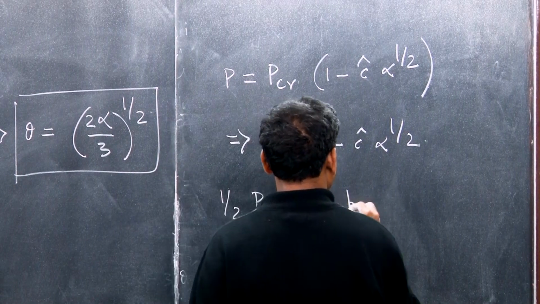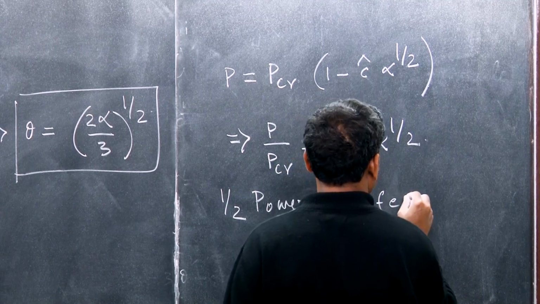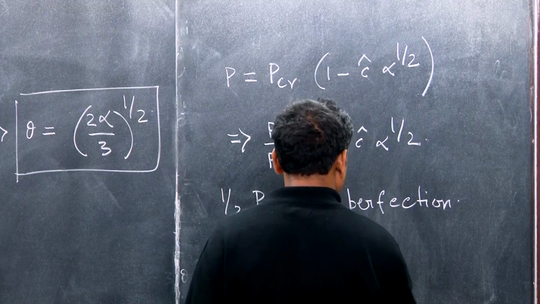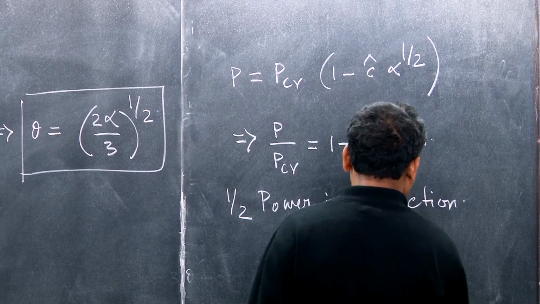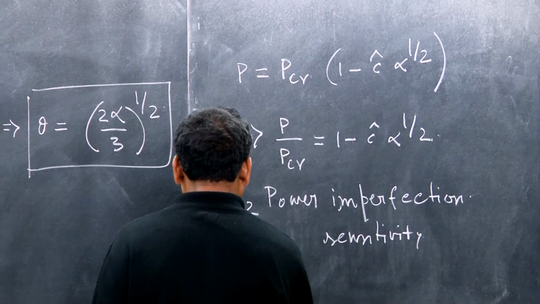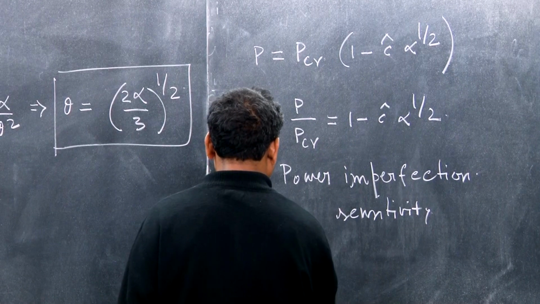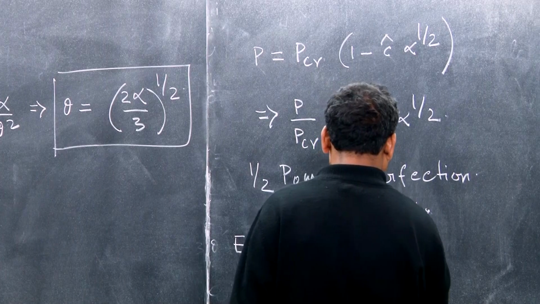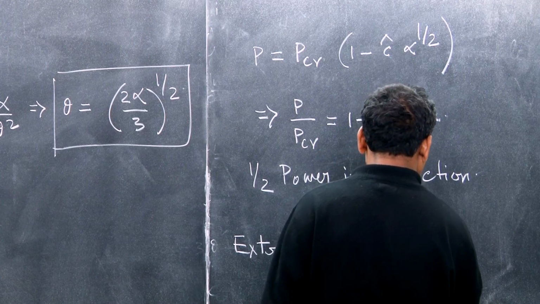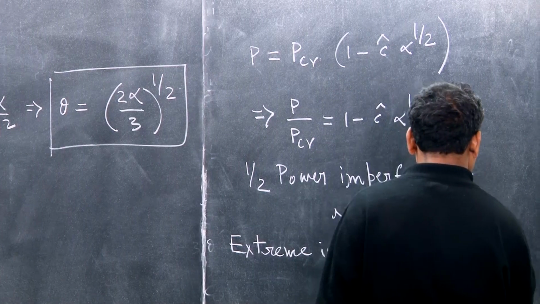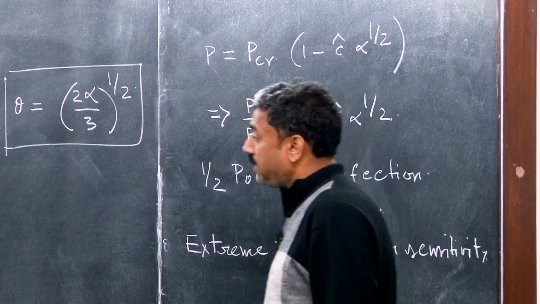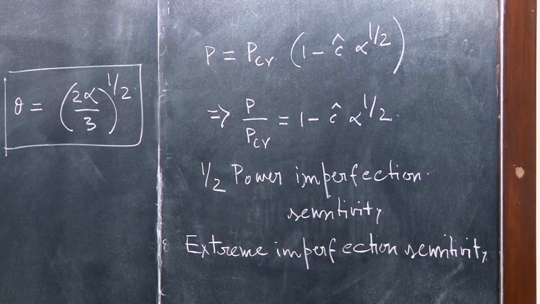That is called extreme imperfection sensitivity. So, I will put here P critical KL by 2.